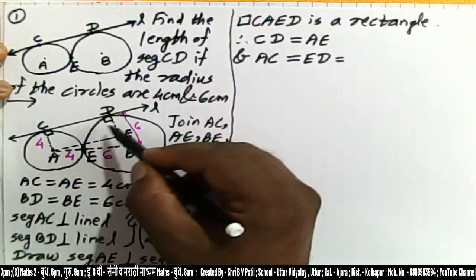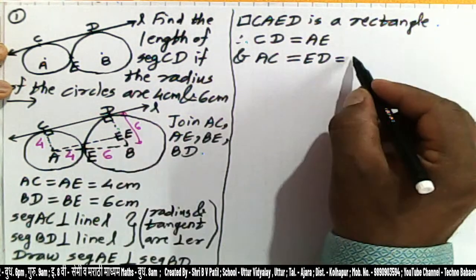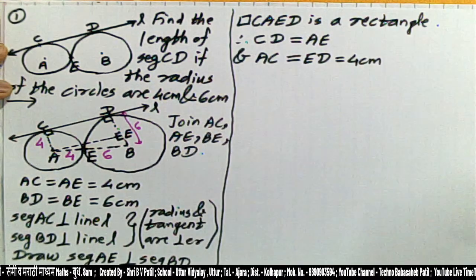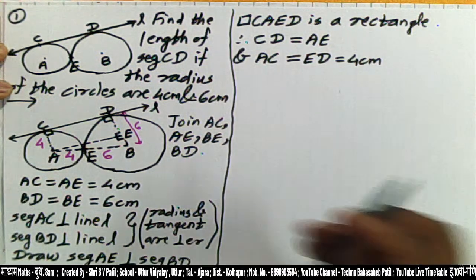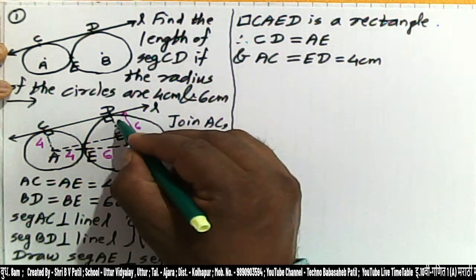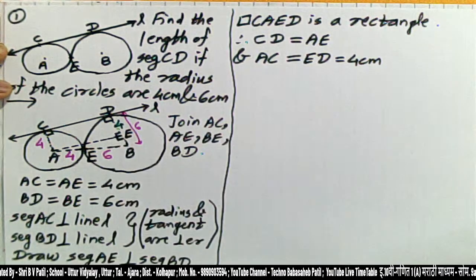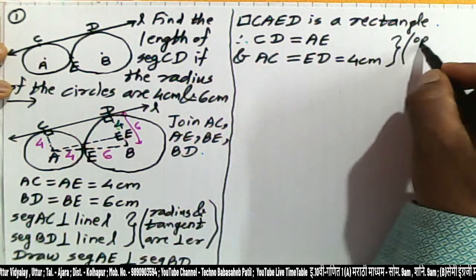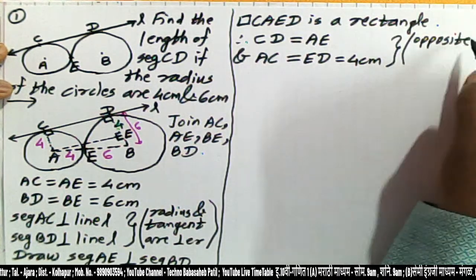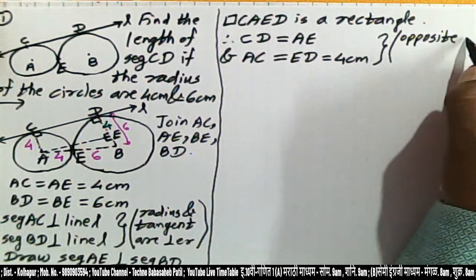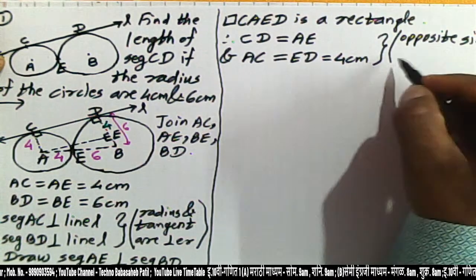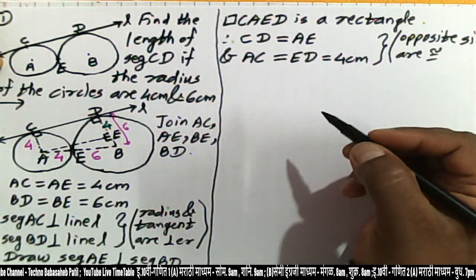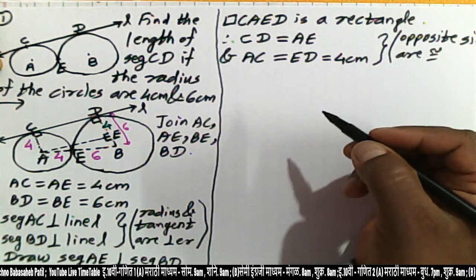AC is 4 centimeter, therefore ED is also 4 centimeter. This ED we get 4 centimeter, and the reason is opposite sides are congruent.